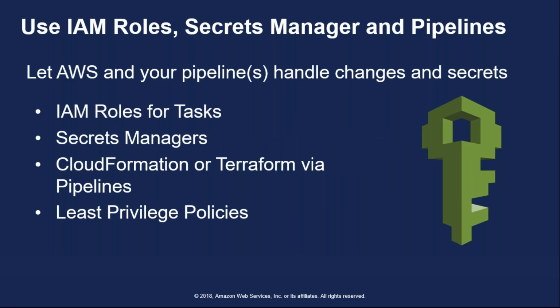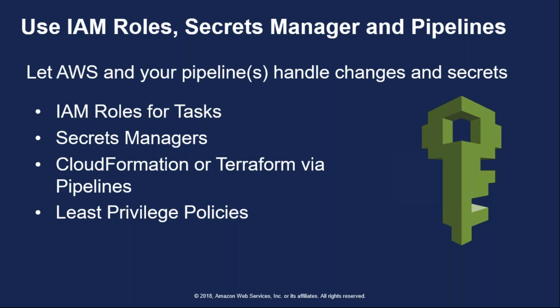Now I'll go a little bit on the best practices on microservices and containers. First best practice is to basically let AWS and your pipeline handle the changes and the secrets. You should use IAM roles for tasks because your tasks otherwise inherit the roles which were given to the EC2 instance.